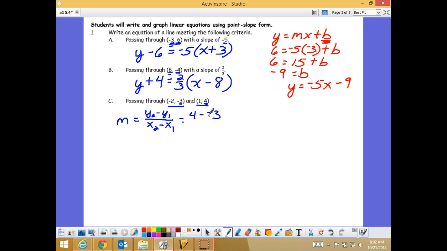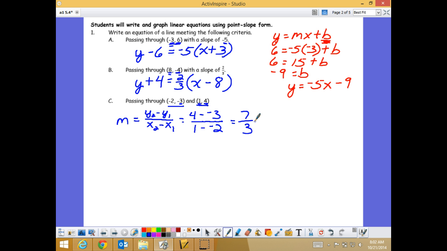I'm going to choose to do 4 minus -3. So then, in the bottom, since we started with 4 on top, I need to start with its partner in the denominator. So that becomes 1 minus -2. So 4 minus -3 becomes 4 plus 3, which is 7. 1 minus -2 becomes 1 plus 2, which is 3. And this fraction does not reduce at all.